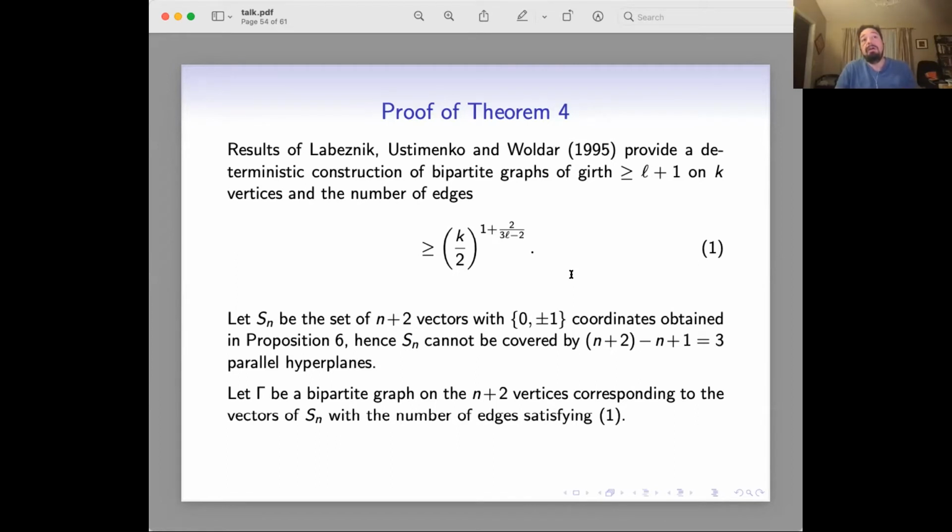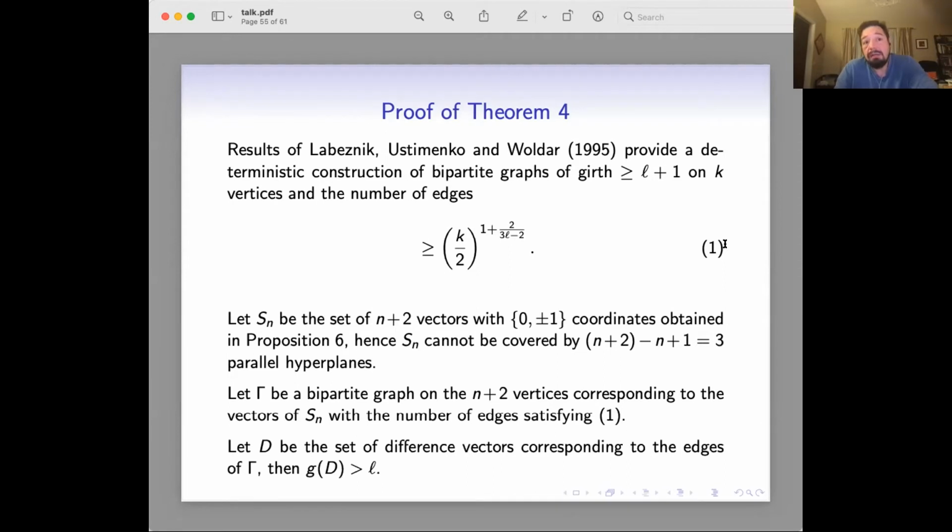Using the Lebezhnyk, Ustimenko, and Walder construction, I can take a bipartite graph on these n plus 2 vertices so that the number of edges satisfies this bound. Then I can take D to be the set of difference vectors which correspond to the edges of this bipartite graph. This means that the girth of my graph is bigger than L.